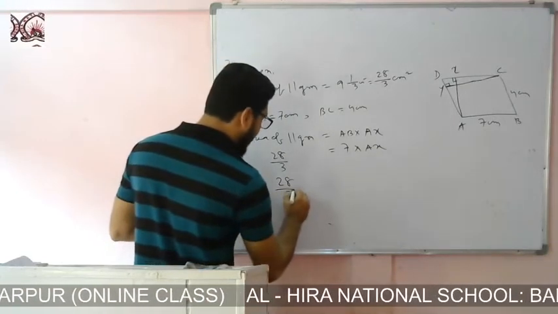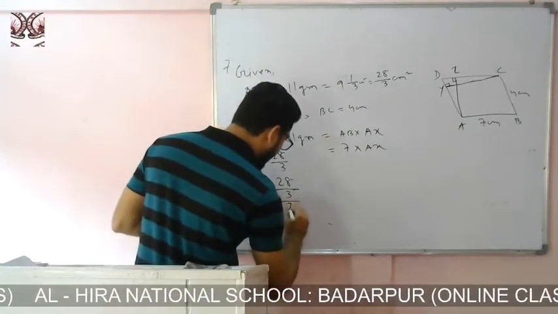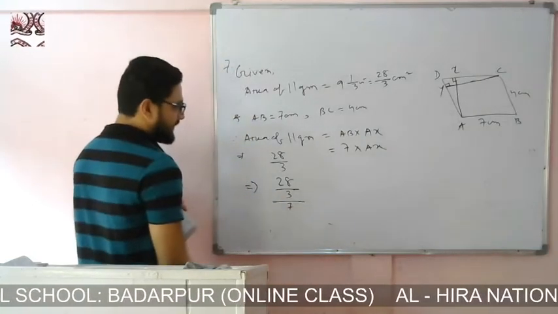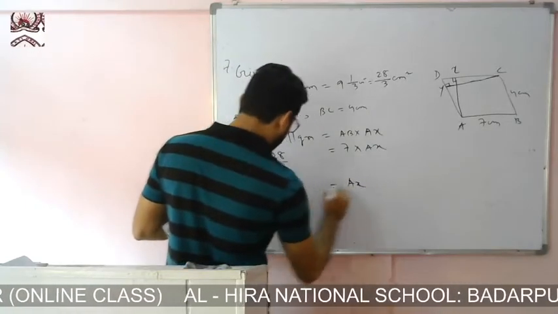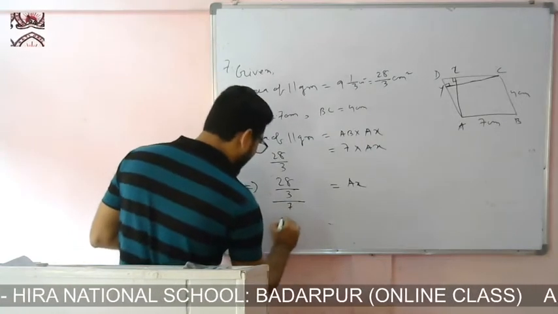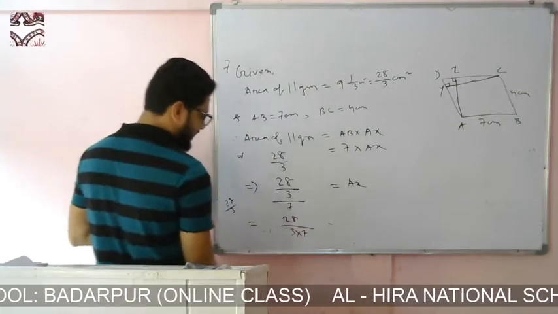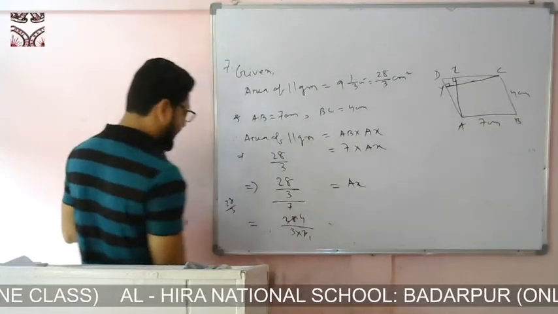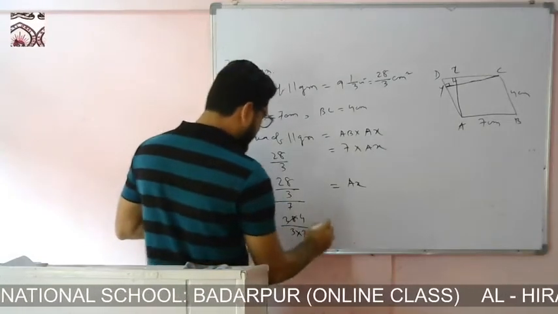Here it is multiplication, so if I take it across it becomes division. Then AX equals 28 by 3 into 7. 7 fours are 28.